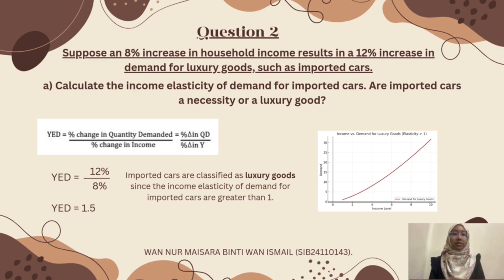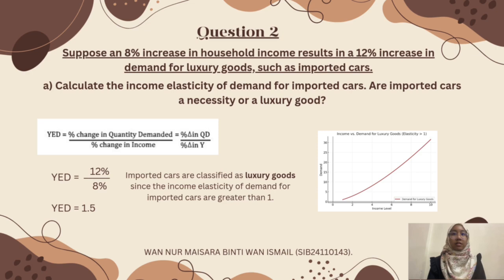So the percentage change in quantity demanded is 12% and the percentage change in income is 8%. Next, divide 12 by 8, which gives us 1.5. This means the income elasticity of demand for imported cars is 1.5.